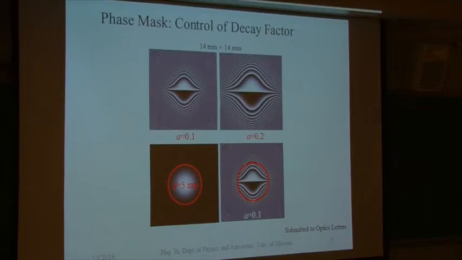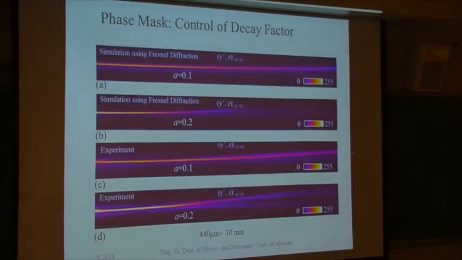And this is a study to look at the decay factor with different phase masks compared with a Gaussian beam. And we look at how the decay factor acts on this main lobe. So when we have a larger decay factor, you see that the Airy beam does not extend as long as with a smaller decay factor.